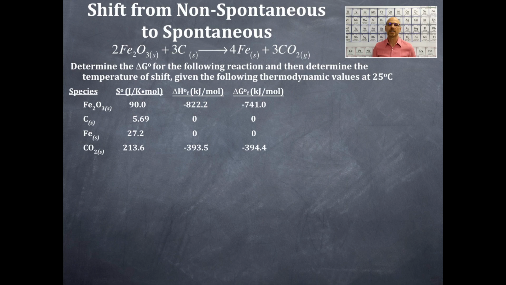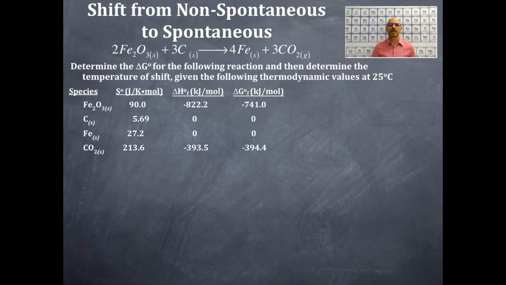The other thing I'm going to note here, which I've previously noted in other videos, is that you have 2 elements in their standard state. And that is carbon, solid, graphite form, and iron, solid. Carbon is at 25 degrees Celsius and 1 atmosphere. It is in the solid state as graphite, and therefore the enthalpy and the Gibbs Free Energy values in the data table are 0.